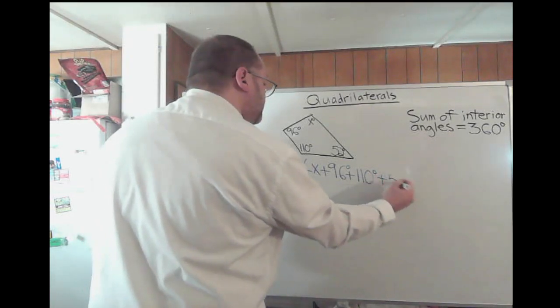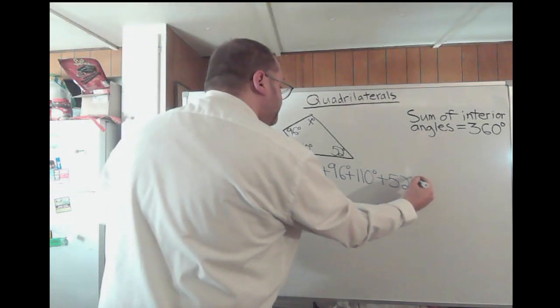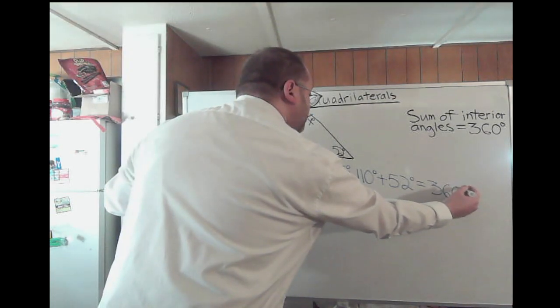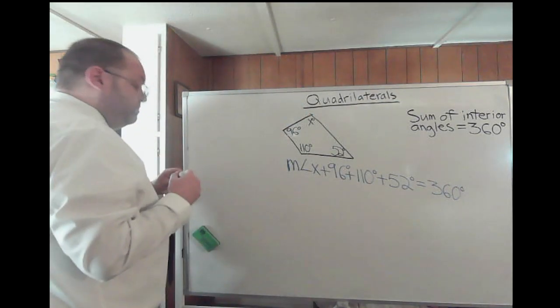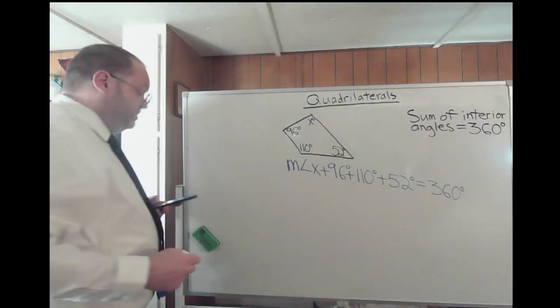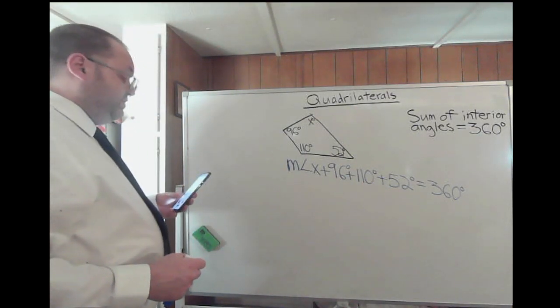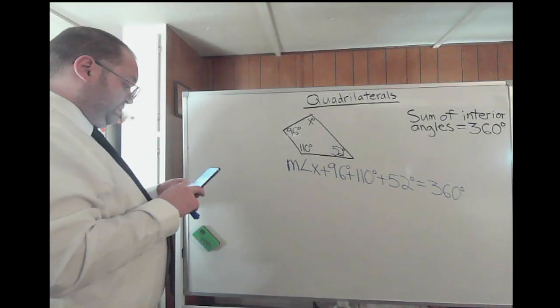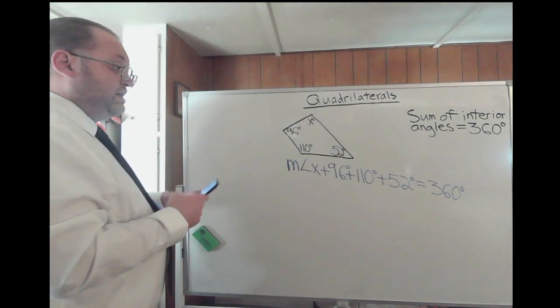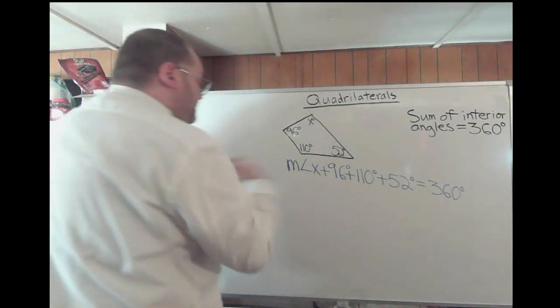You'll set that all equal to 360 degrees. Alright, first thing I would do, add up your 96 plus 110 plus 52. That comes to 258.